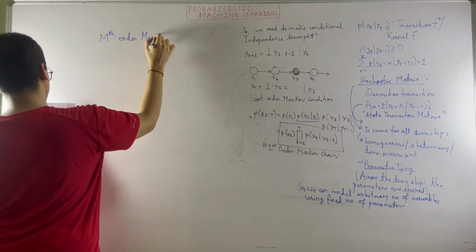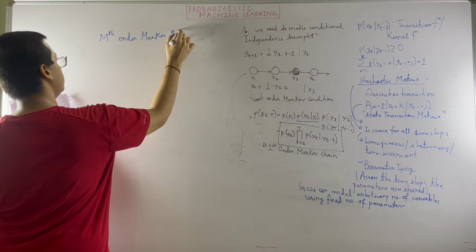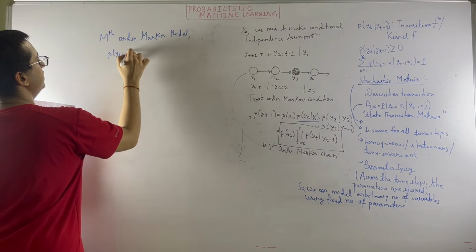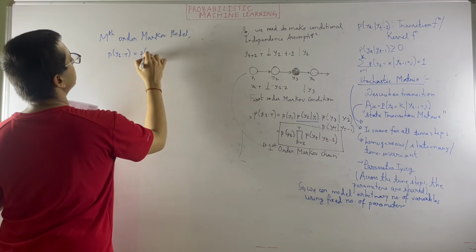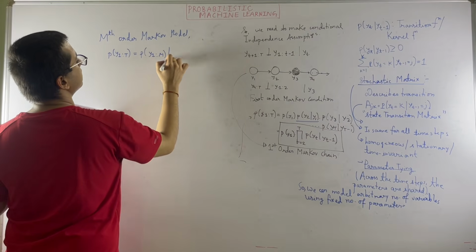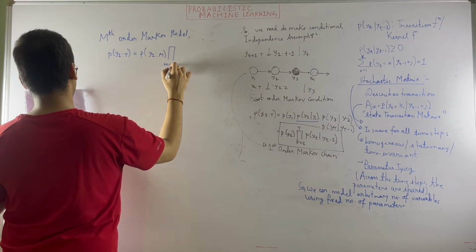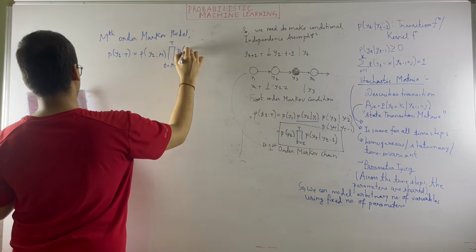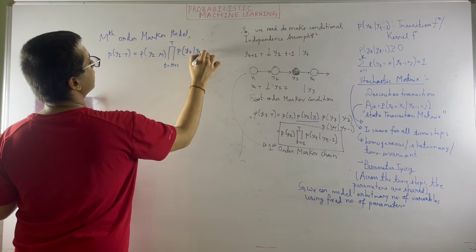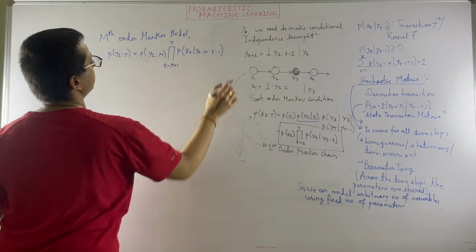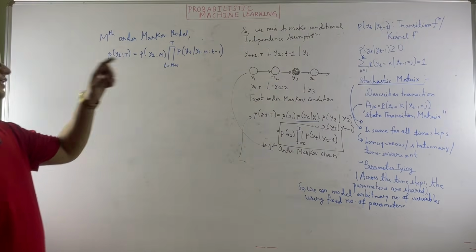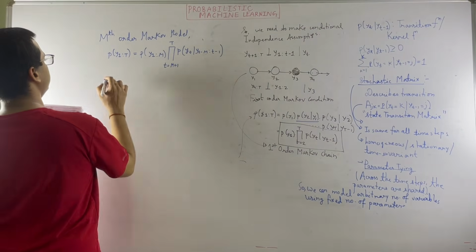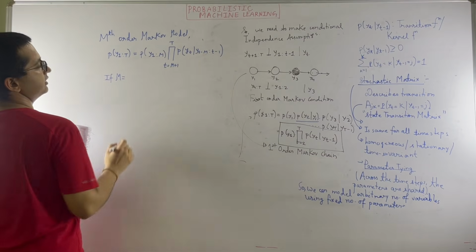It will run from 1 to capital T, where the first 1 to m are given, and then from m plus 1 to capital T it will depend on the last m terms, that is, t minus m to t minus 1. Here m was 1.